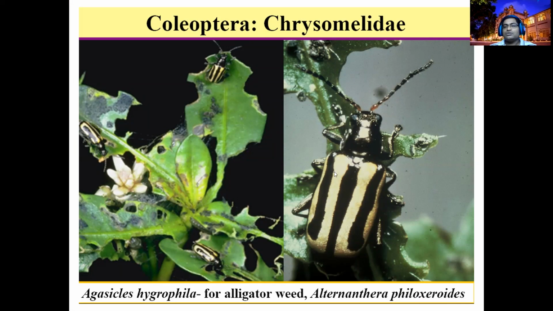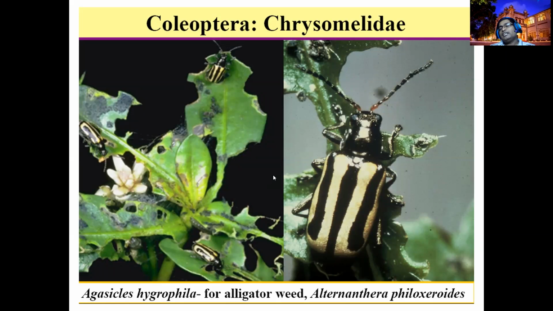Some of these plants belong to the same family but are problematic broadleaf weeds. They have used this beetle, Agasicles hygrophila, to control this weed, which we call alligator weed.